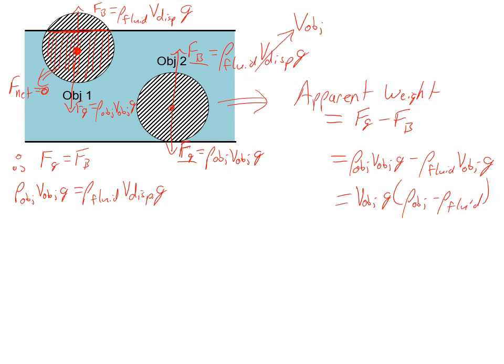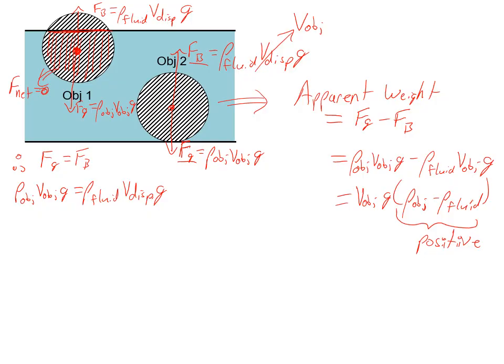Because the density of the object is greater than the density of the fluid, this is a positive value, and it has a positive apparent weight, which makes it sink to the bottom. So when you're looking at an object that's submerged in water, whether partially or completely, these are the equations you can write down without even having to think about it, because they're going to be the same each time.